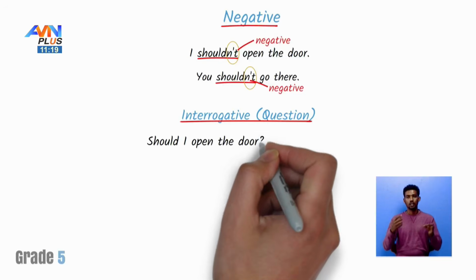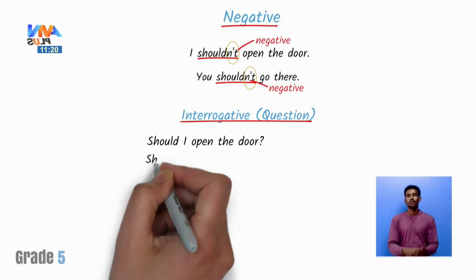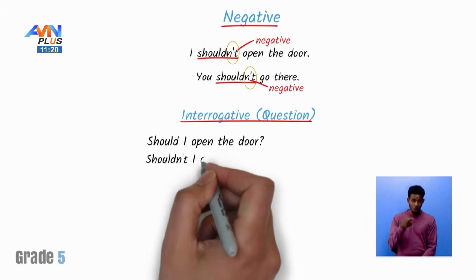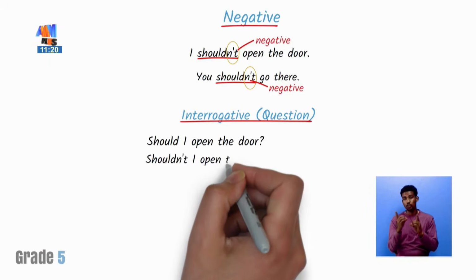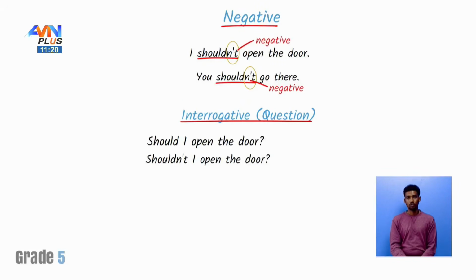What I'm going to write here: should. We can check this one. Should I open the door? Look, should I open the door? What about this one? Or maybe we can say shouldn't. If it is negative, shouldn't I open the door?